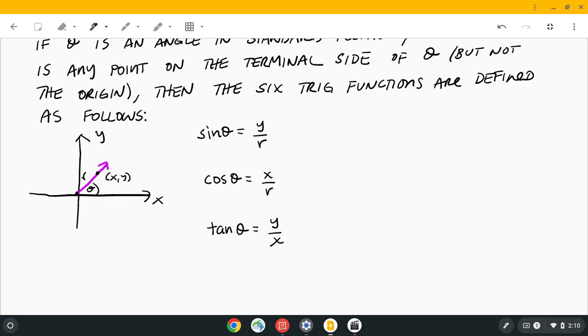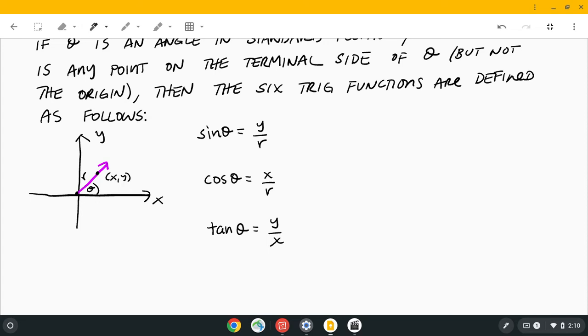Like we can have x over y, x over r, we can have y over x, y over r, and then we can have r over x and r over y, right? So we have a total of 6 of them. And those different ratios of x, y, and r represent the trig functions, okay?